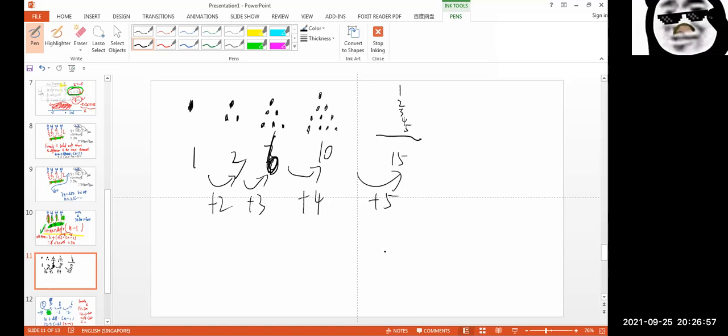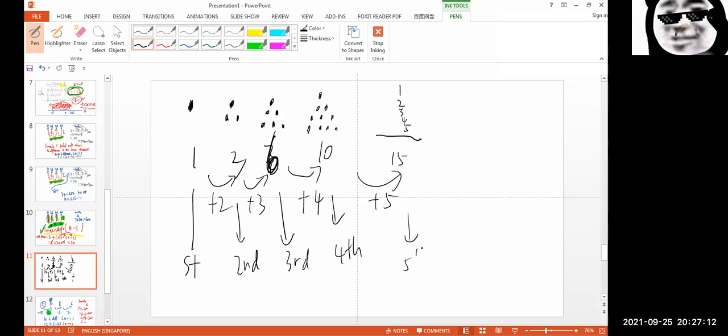So this is another number pattern. This is the first, this is the second, the third, the fourth, and the fifth. What if they ask you for the 66th? What are you going to do?